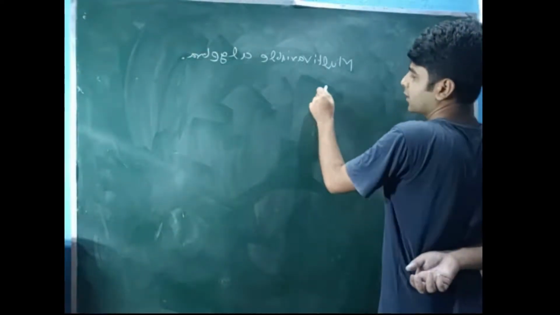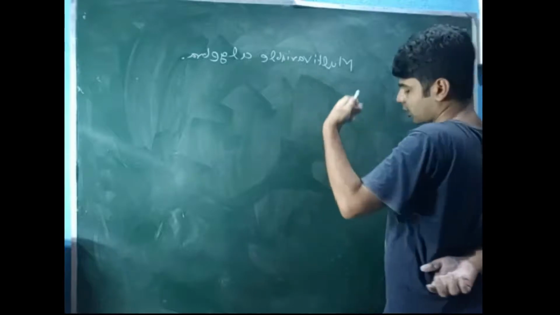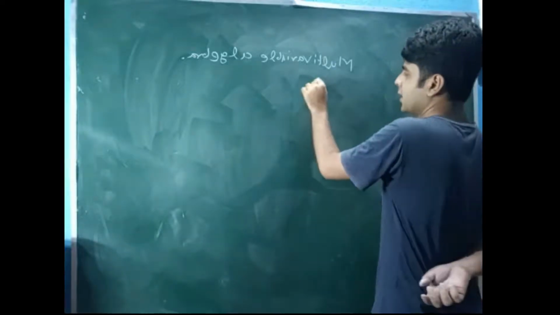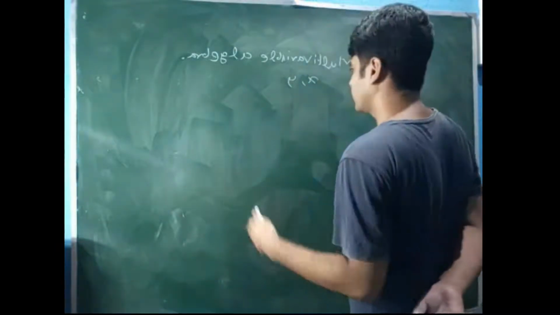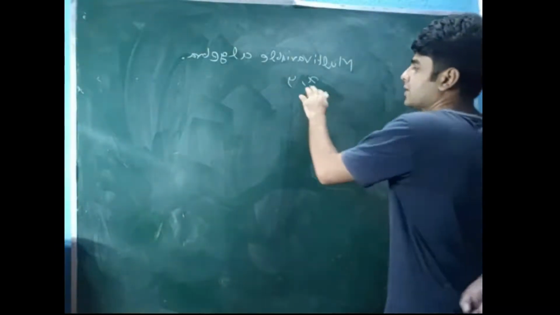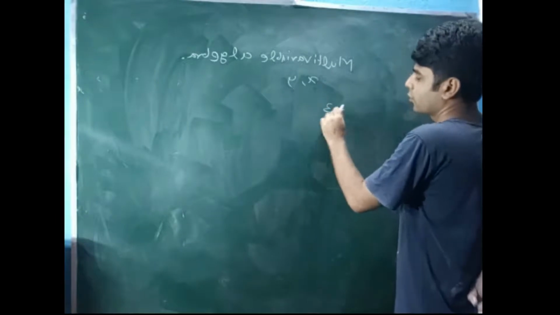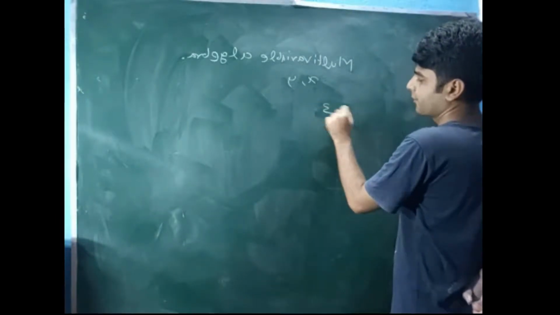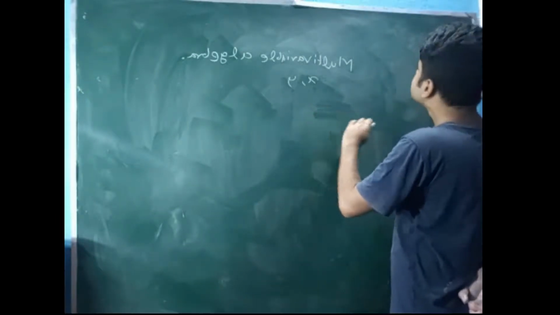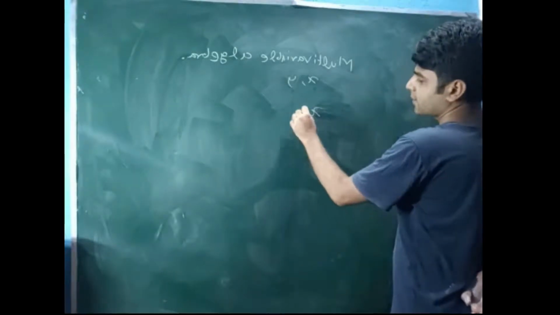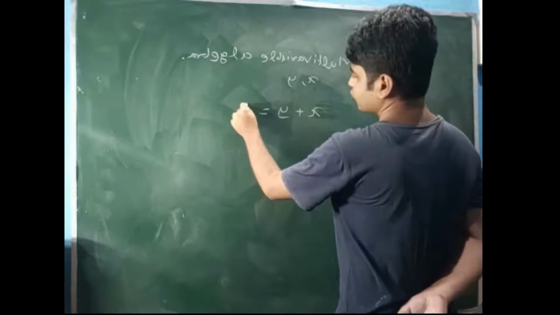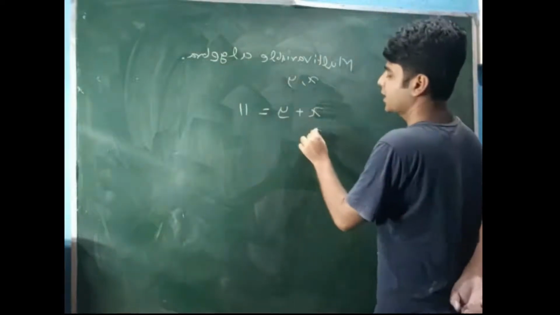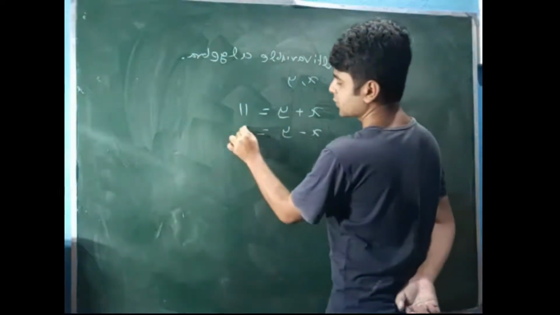Multivariable algebra considers that you have more than one variable, like x and y, or a and b, m and n, whatever you can say. Suppose I have two equations: x plus y equals 11 and x minus y equals 3.